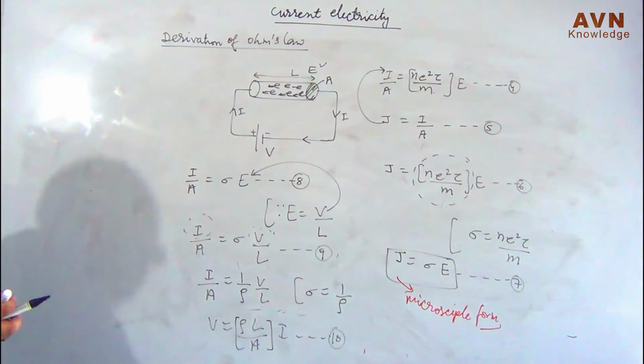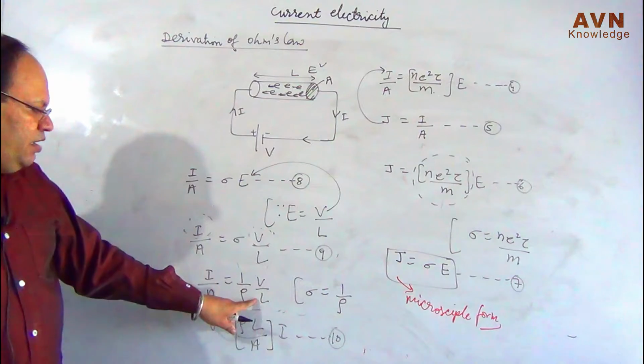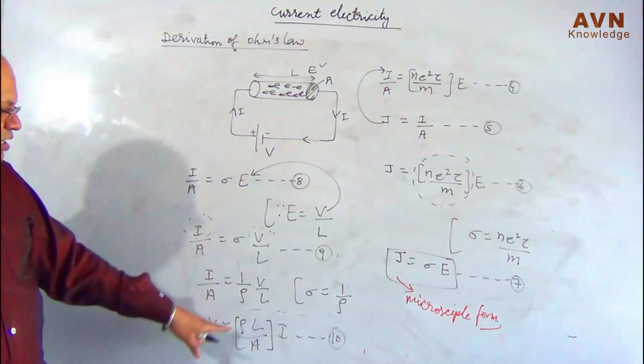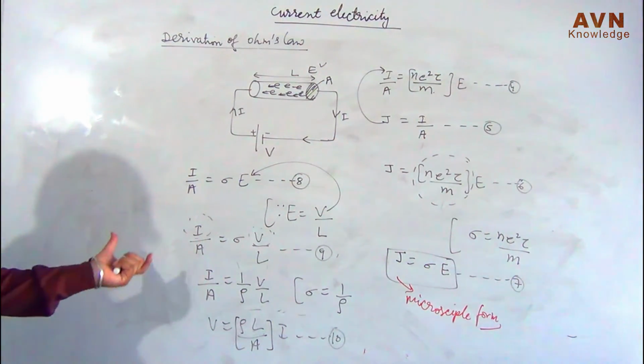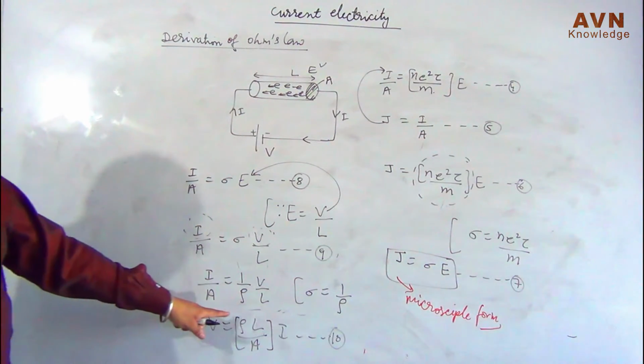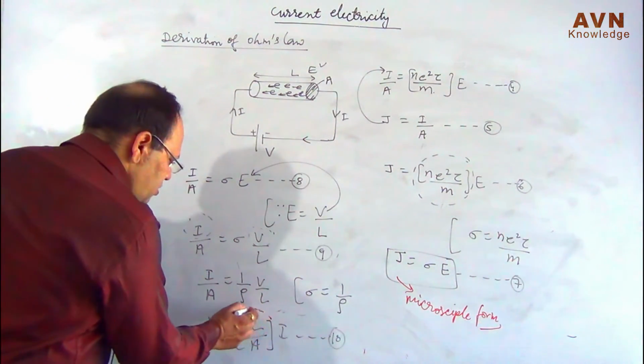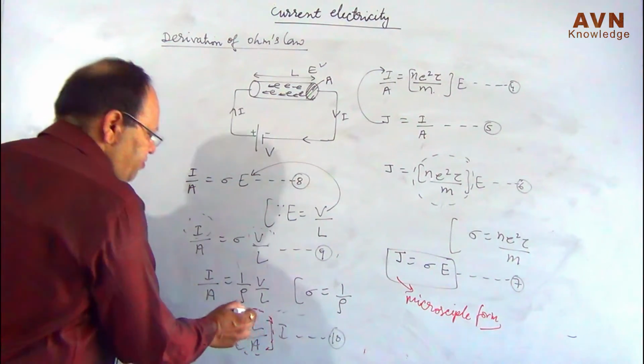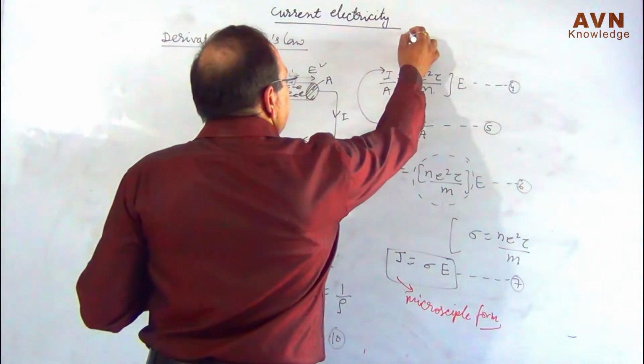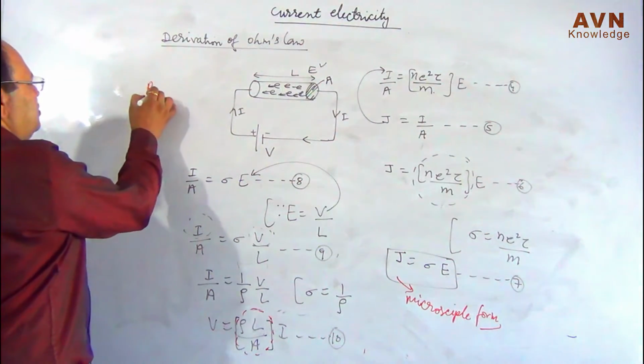If you cross multiply by rho into L divided by A and interchange, then V equals rho L upon A into I. What is rho L upon A? We have already seen in the previous video that it is the resistance.